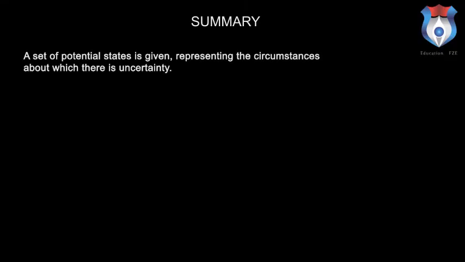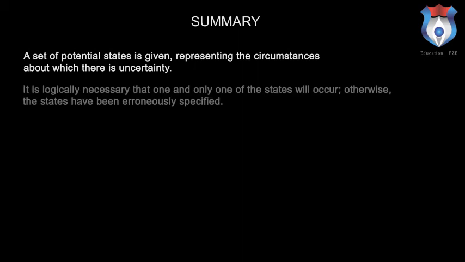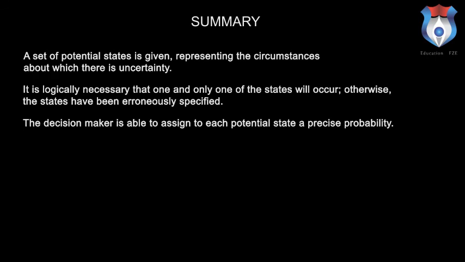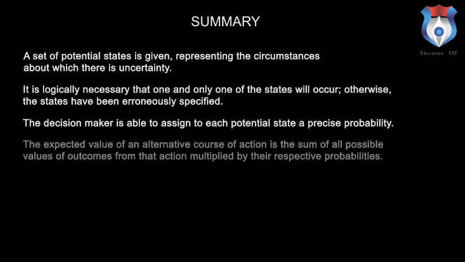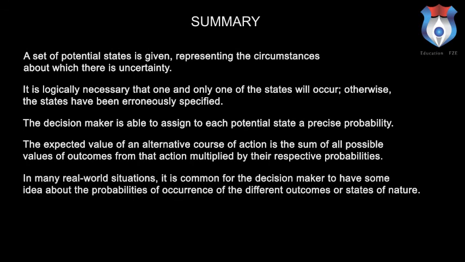Summary. A set of potential states is given representing the circumstances about which there is uncertainty. It is logically necessary that one and only one of the states will occur. Otherwise, the states have been erroneously specified. The decision maker is able to assign to each potential state a precise probability.